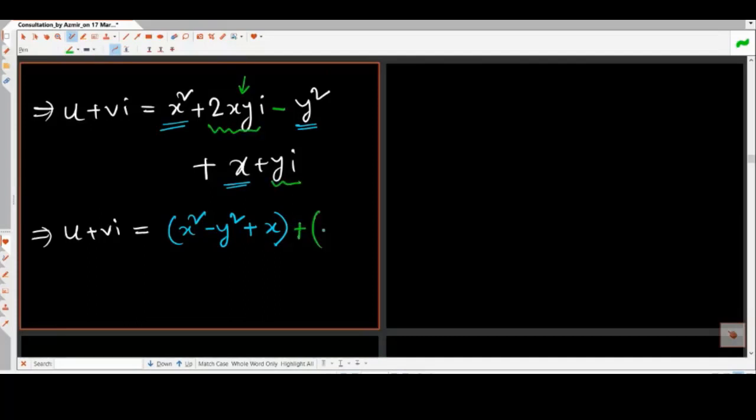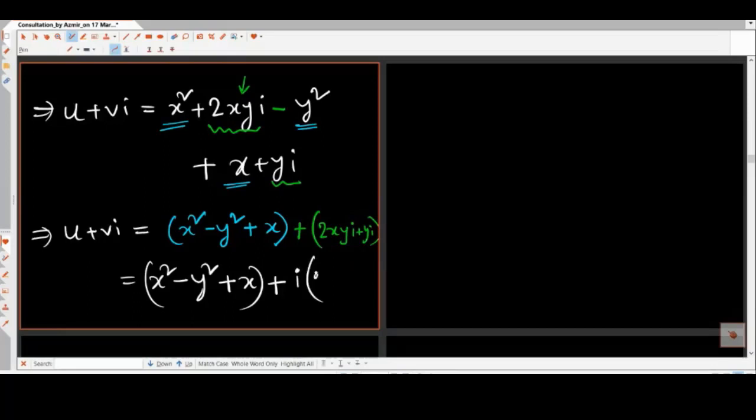So we can group the 2xyi plus yi. Since i is present in both terms, i can be factored out. So we have 2xy plus y. So this is equal to u plus vi.